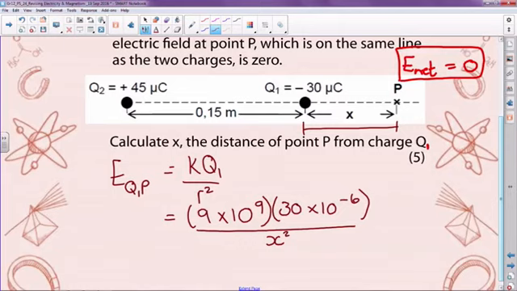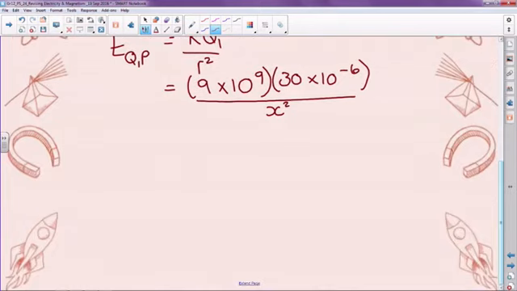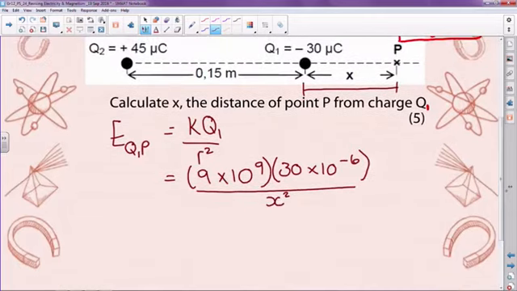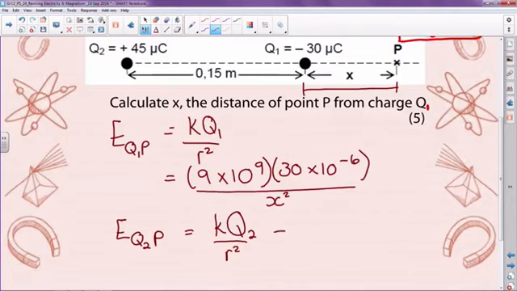Now we're going to do the same thing for Q2, okay? So now, what's the field because of Q2? So this time, I'm using this equation. I'm not going anywhere near the equation that says E equals F over Q, because I don't know F, okay? This is 9 times 10 to the 9.